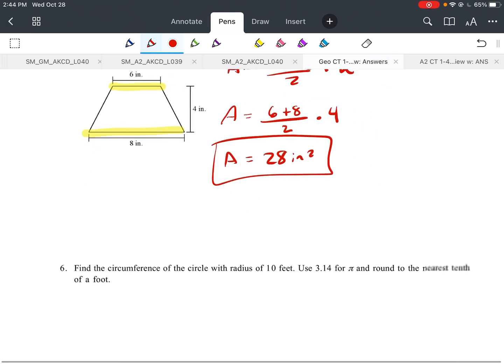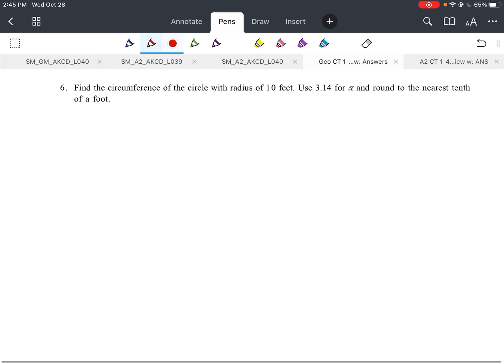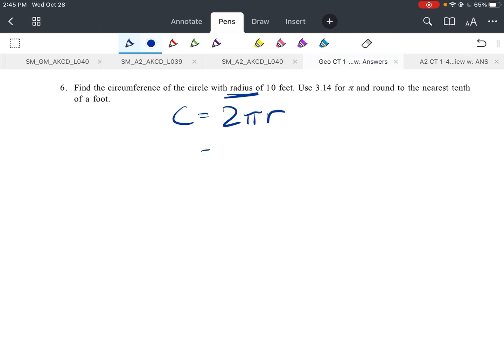Okay. Number 6. Find the circumference of a circle with a radius of 10 feet. Okay. Again, formulas. Do you know your formulas? C equals, okay, you can use pi d or 2 pi r, either way. They give us the radius, so let's just use 2 pi times the radius.